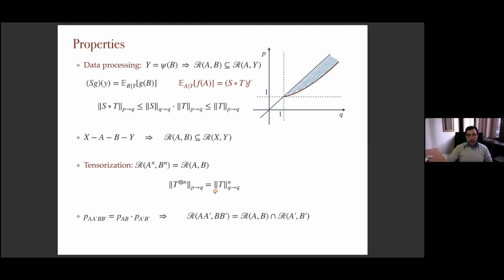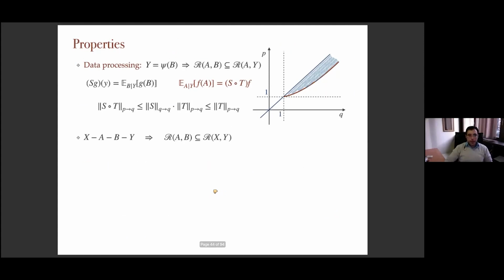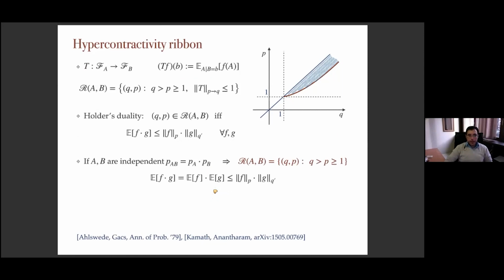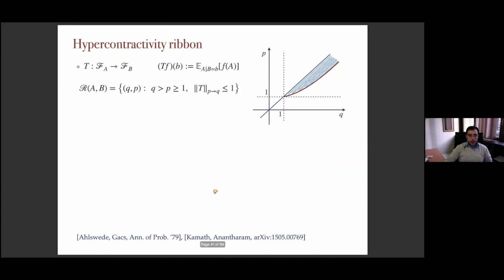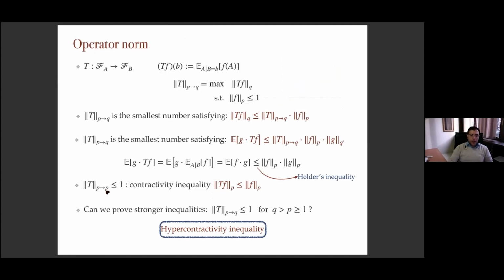Well, the point is that, as I said, maybe I told you about that somewhere. So the point is that the P to Q norm is always greater than or equal to 1. Why is it the case? Because you can take f to be the constant function.